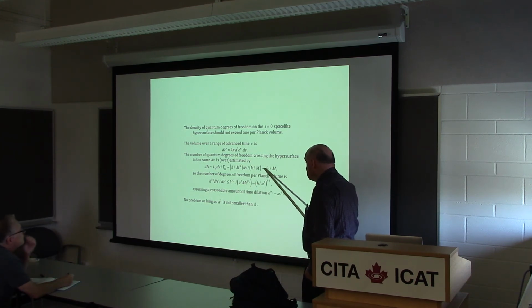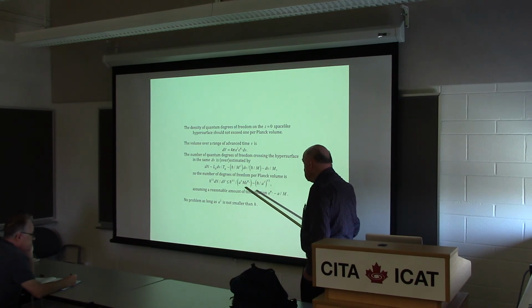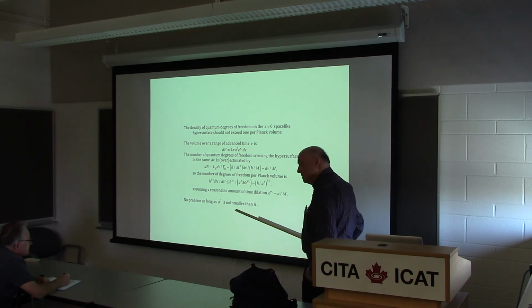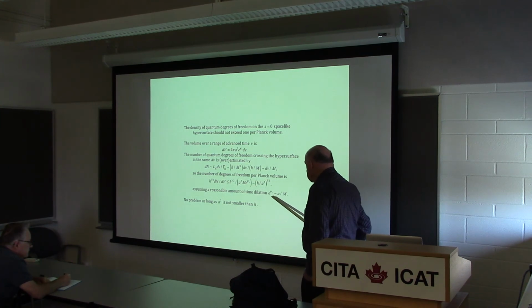And that turns out to be, so the number crossing is dv over m. If you assume that this time dilation, e to the psi v, goes to something like a over m, well, if it's just constant at 1, then it's even better.